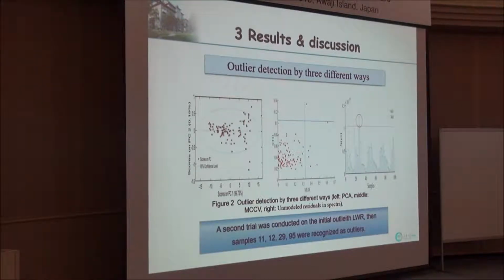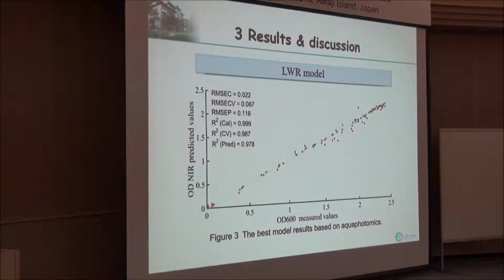Three different outlier detection methods were used in our study because the principles are different. So a second trial was conducted on the initial outliers, then 5 samples were recognized as outliers. This is the best model results based on Aquaphotomics.